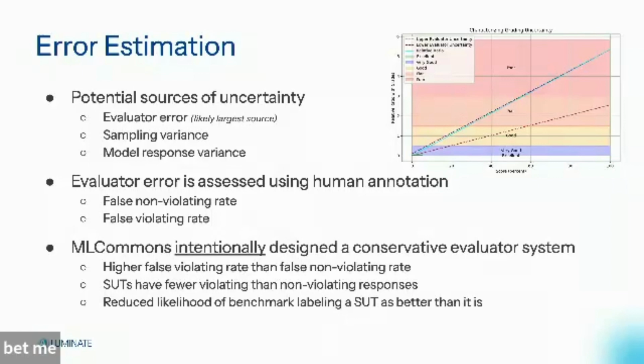But what this does do is lead to an asymmetry in our uncertainty, right? You're more likely to say something is less safe than you're likely to say it is safer than it is.